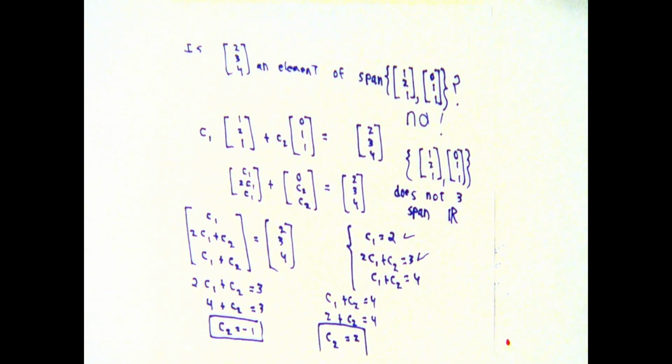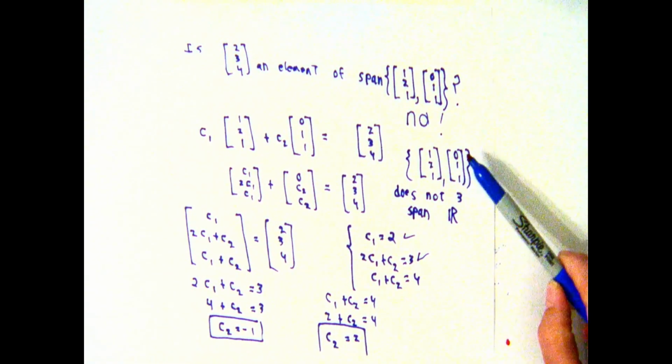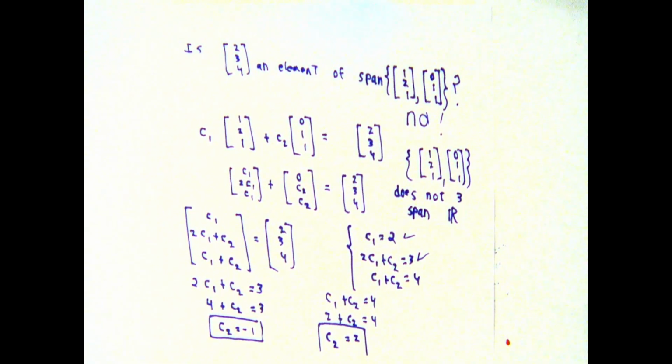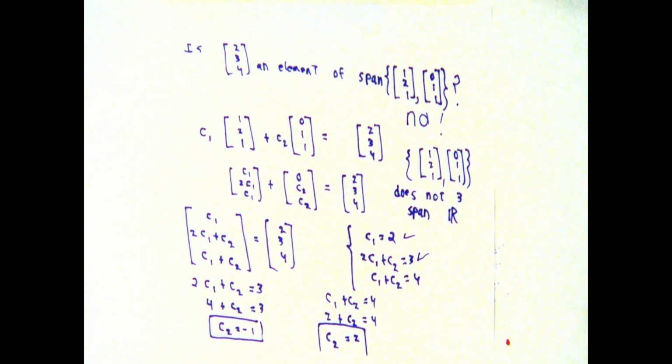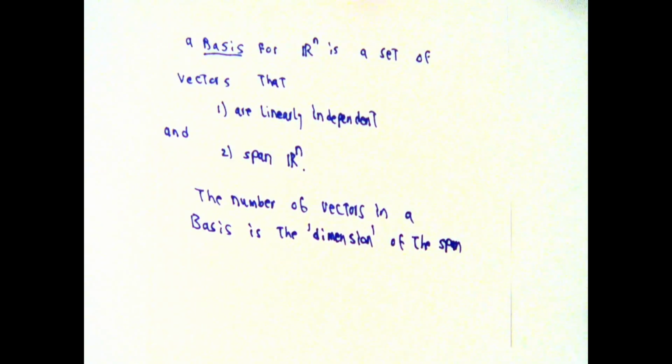In technical language, we would say that these 2 vectors do not span R3. There are vectors in R3, column vectors, where no linear combination of these 2 things will give you that column vector. So now I can make the definition that I've really been interested in here. A basis for Rn is a set of vectors that do 2 things.